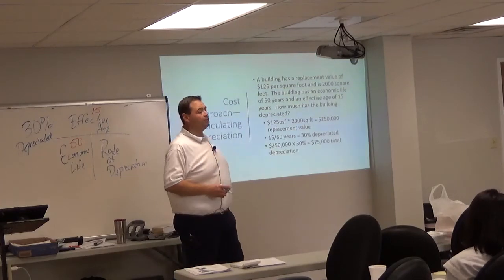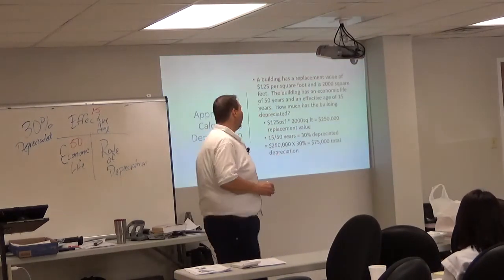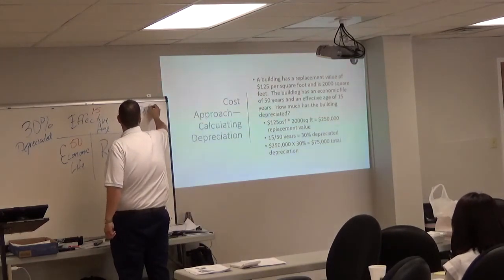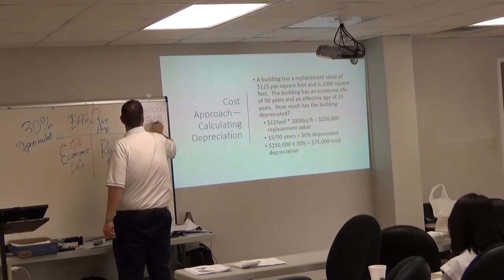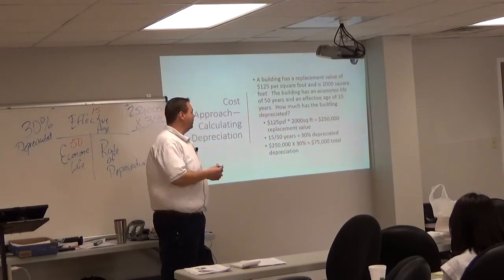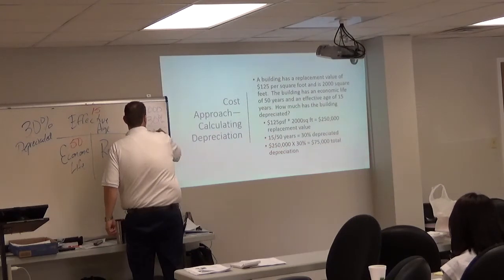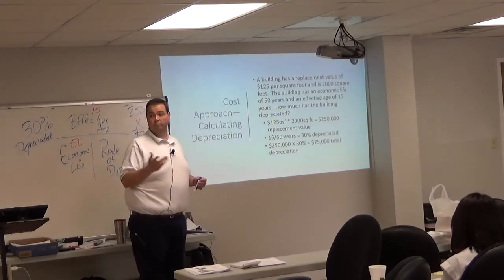So, how much is that building worth brand new? $250,000. Can we not take that $250,000 and drop 30% of it away? Times 30%. Losing 30% depreciation. That's $75,000 in depreciation. Everybody okay with that?